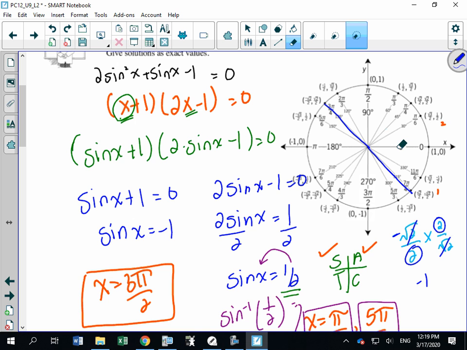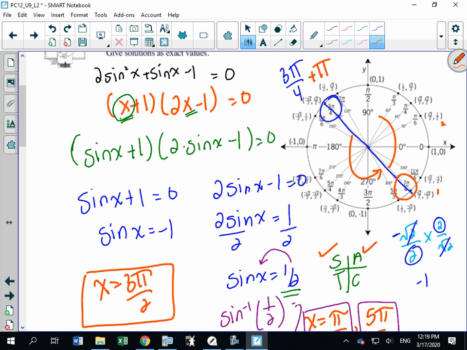You take your smallest angle in standard position, which would be 3 pi over 4, and say to yourself, well, what do I have to add in order to get to this solution? And if this is a straight line, what you're adding to 3 pi over 4 is pi. And then from here, to get to all my coterminal angles, you keep just adding or subtracting pi.